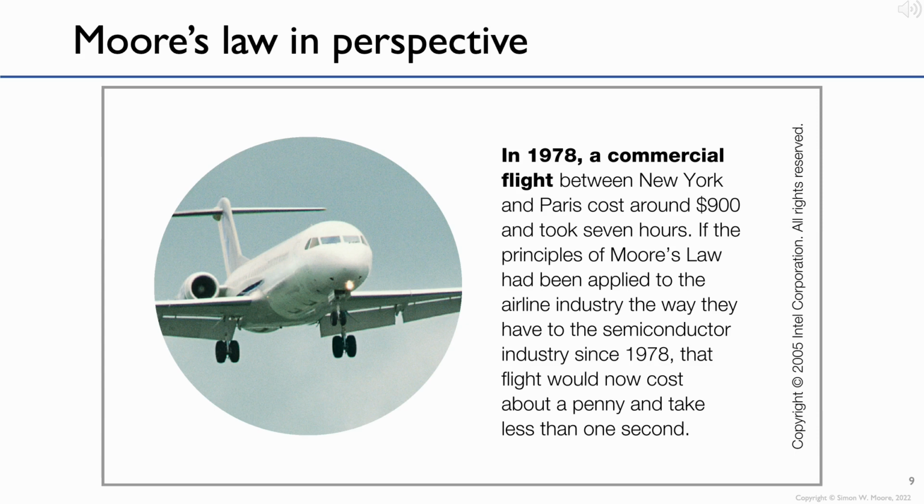If you could have applied the rate of improvement that we've seen from Moore's Law to the airline industry, the way that we've seen it for semiconductors, then that flight would cost about a penny and take less than 1 second. It sounds a bit flippant, but actually that really is what's happened in the silicon industry, and it's hard to get your head around, to be honest.